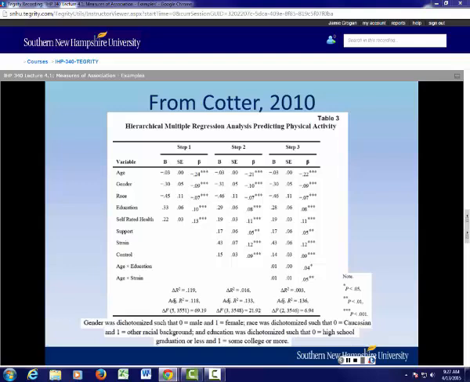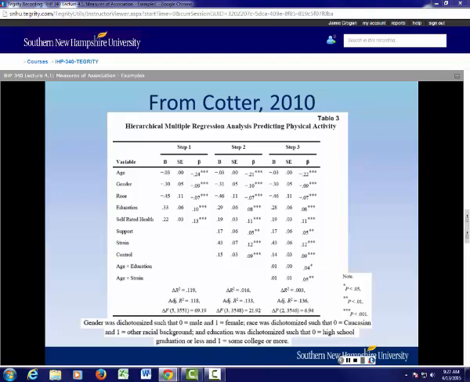So you can account for the differing units of measure by standardizing your beta. That's why there are 2 beta columns. One is the raw one, the B, and the other one, the funny looking italicized B, is the standardized beta. When you have a standardized beta, the bigger the number, the more weight that variable carries in the equation. Okay, so under the main column, step 1, you know that there are 5 variables in the equation.